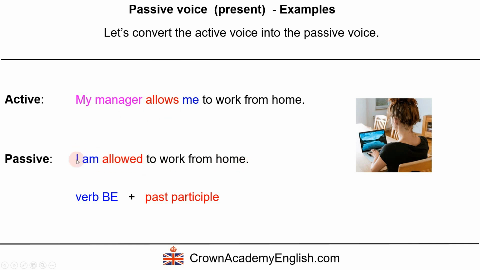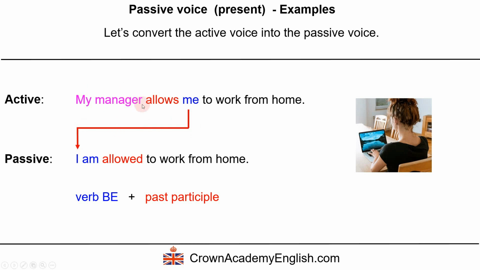But why is it I? Well, we take the object, we have the object pronoun here, or the object here is me, and we convert that into a subject. So the subject pronoun is I. Okay, so we have me here, and that becomes I.